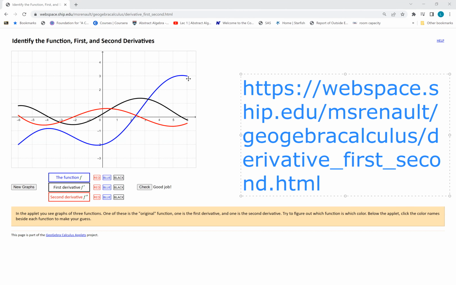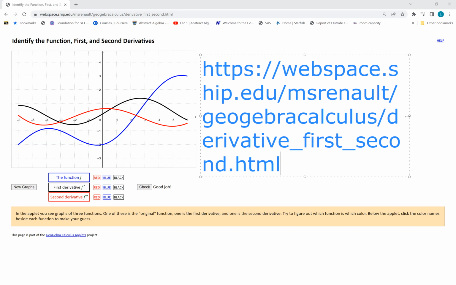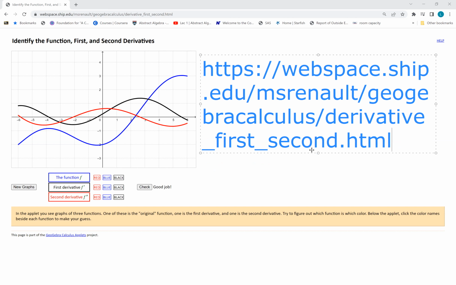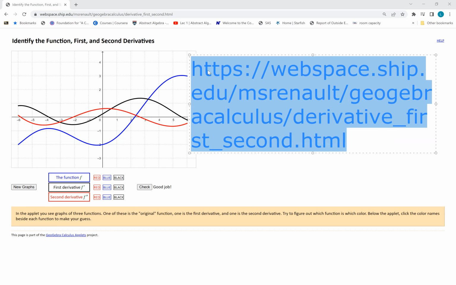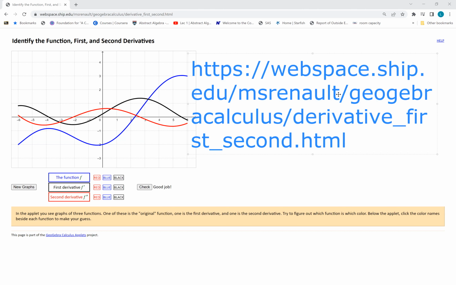I think I can make it a little better. Well, I think that's the best I can do because I can't figure out how to make the font smaller. Let's try one more thing. No, select. Nope, I have no idea.